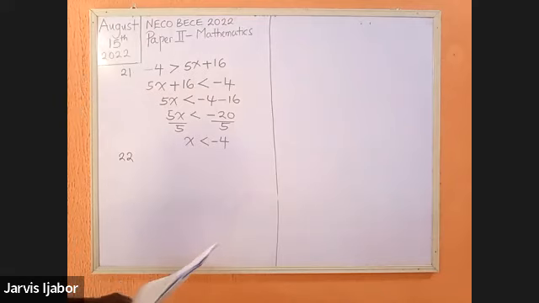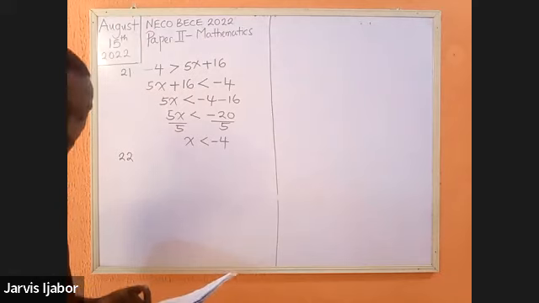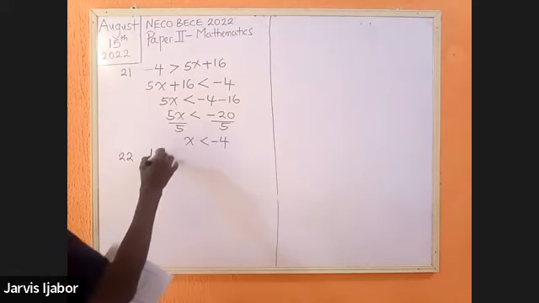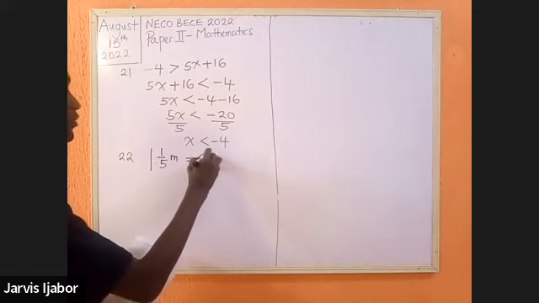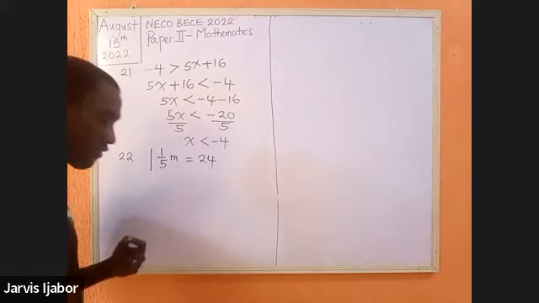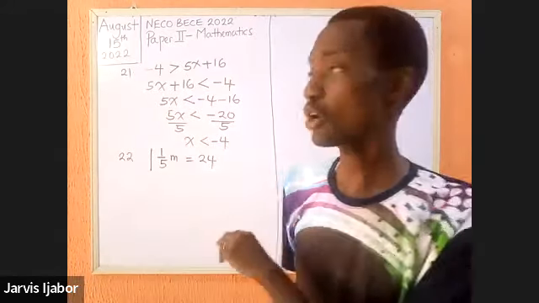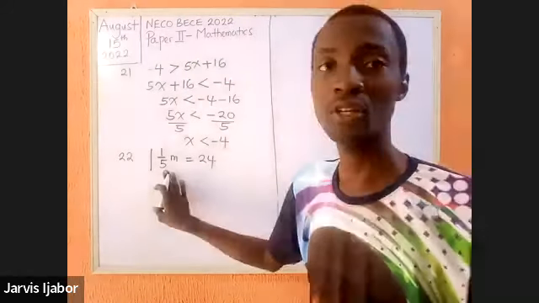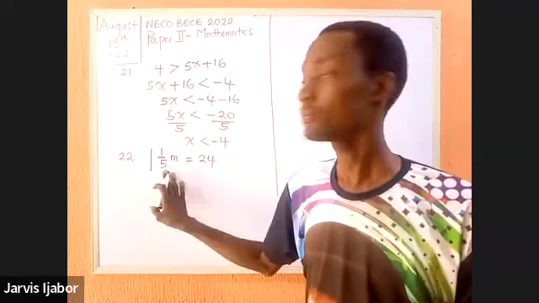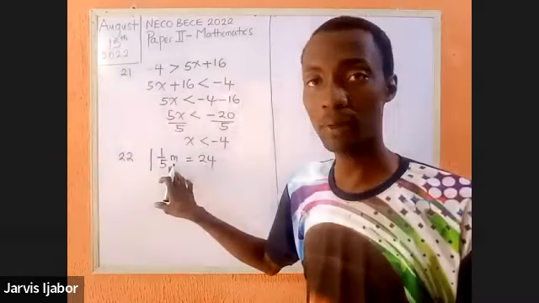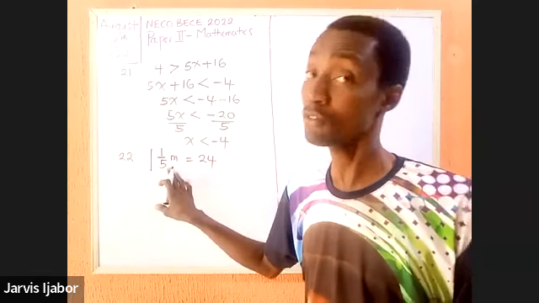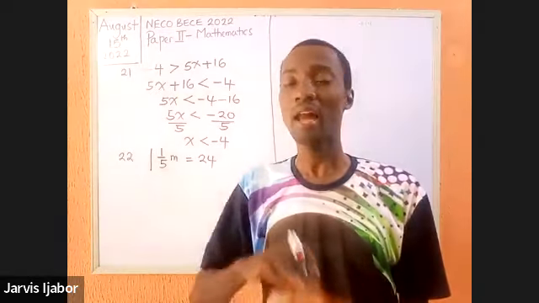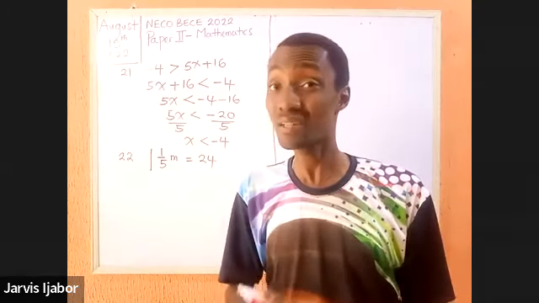It says, what is the value of m? This is a simple linear equation: 1 and 1 over 5, m is equal to 24. Now, although this is algebra, the first thing tested here is your ability to convert from mixed numbers to improper fractions. I've often said that mixed numbers and improper fractions are one and the same thing.